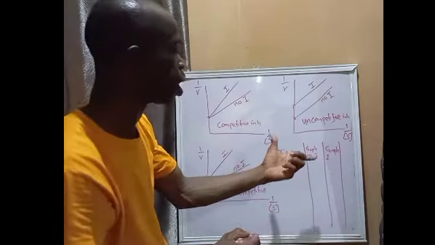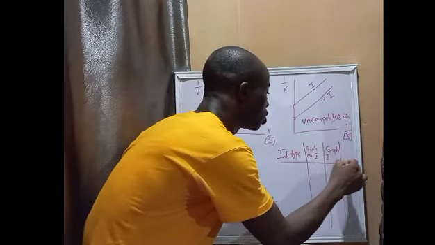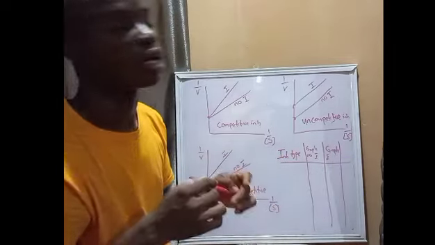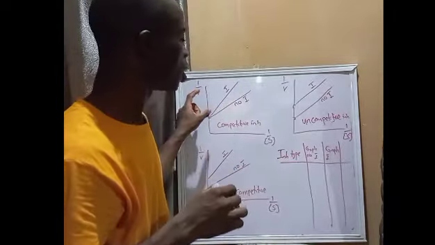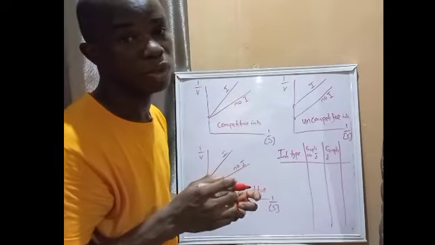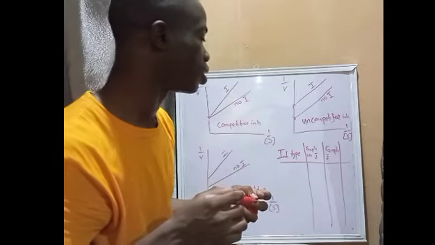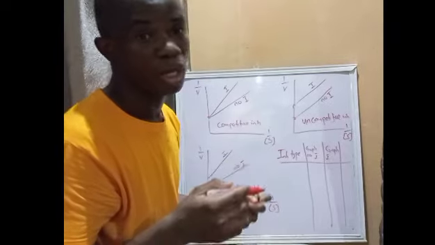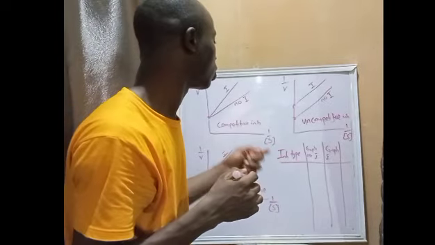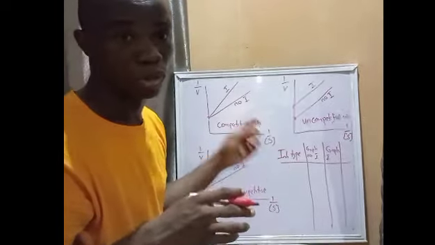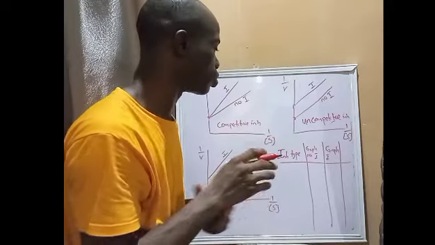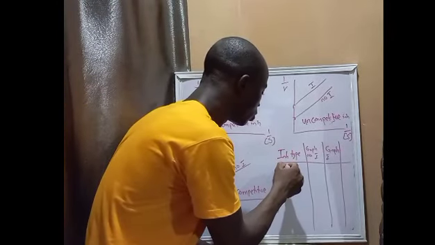So I'm going to be working on this particular table to show us different things that we can have in terms of Km and at the same time the Vmax. So I'm going to be talking about those two things. So let's start with competitive.